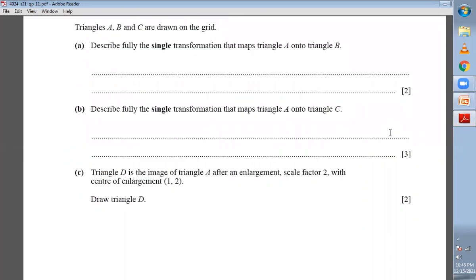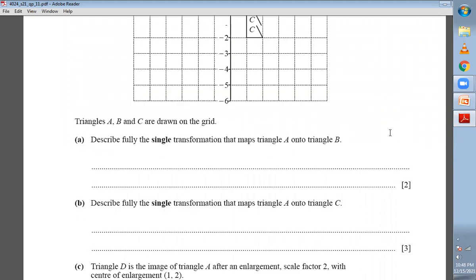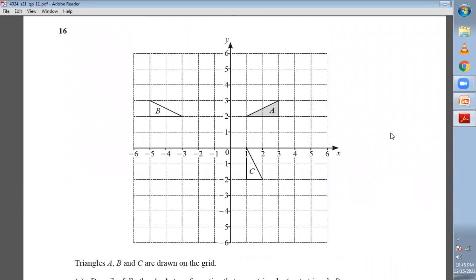Okay, so the next question, the B part. He says, describe fully the single transformation that maps triangle A onto triangle C. So he's asking triangle A onto triangle C. Let's do that thing again and see.